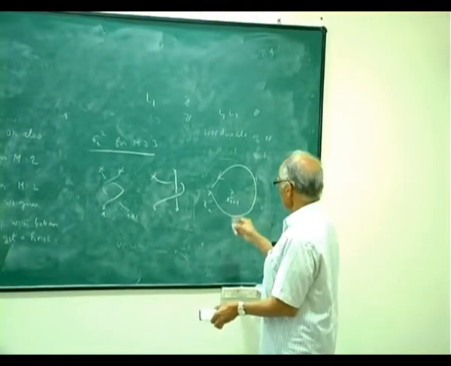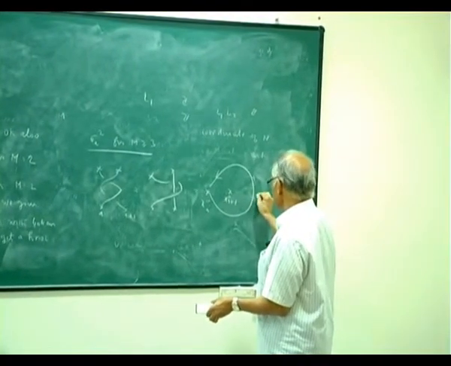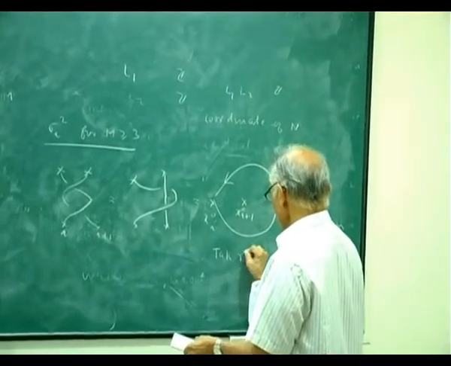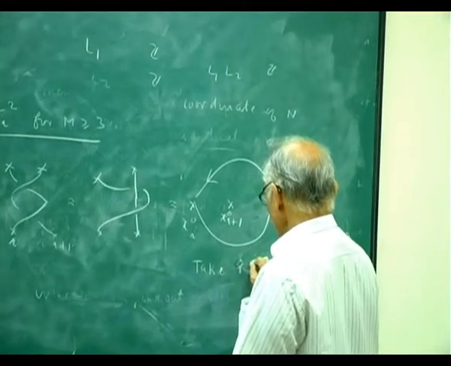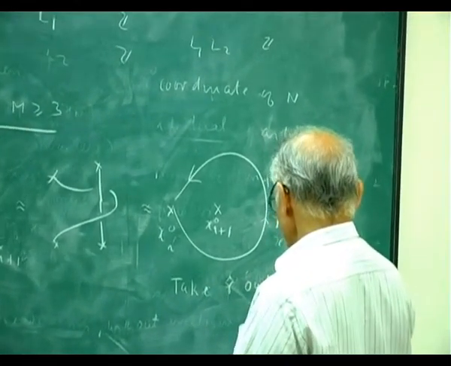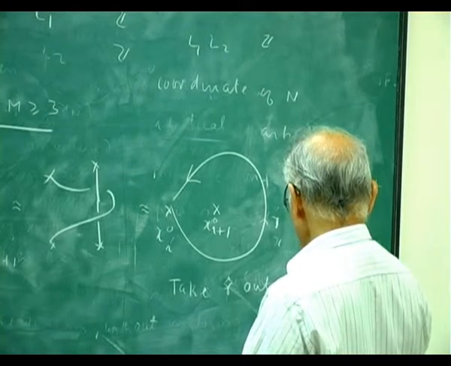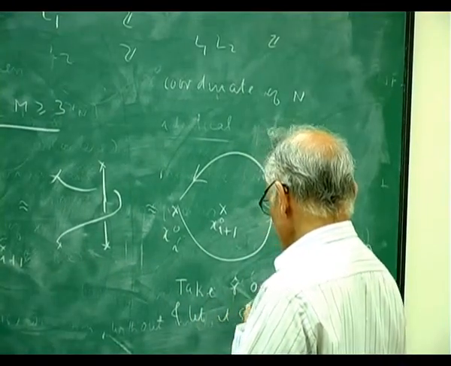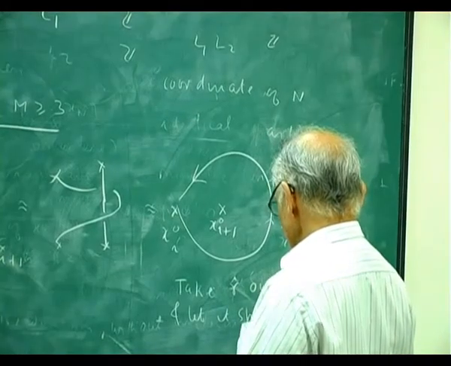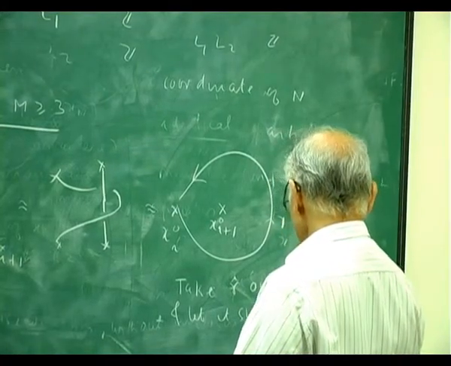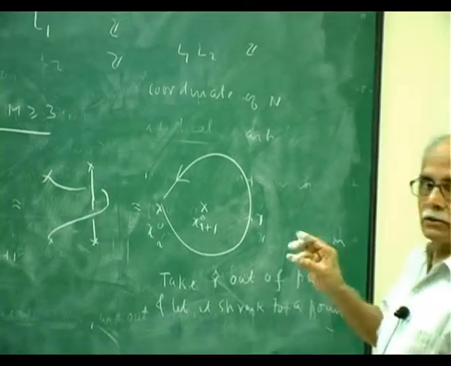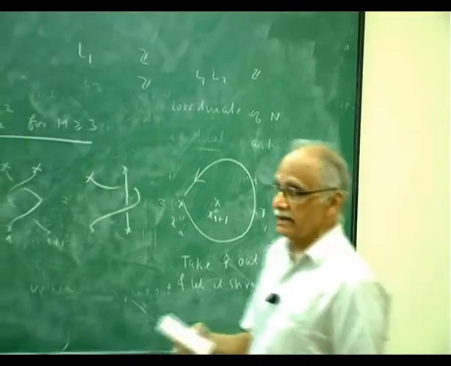So take this loop, take this gamma out of the plane, and let it shrink to a point. So what has happened is that sigma i squared is identity in 3 or higher.